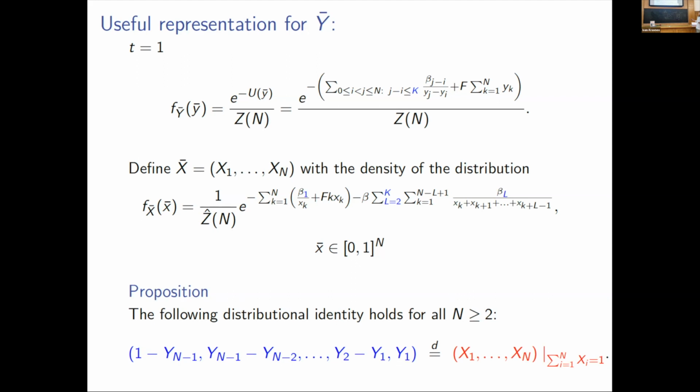Observe that if k equals 1, so that we take only nearest neighbors interaction, then this whole term is 0, and the only part left is here. In this case we have X's independent, and we would study Y's through independent X's conditional on their sum. That's, of course, a much easier task.